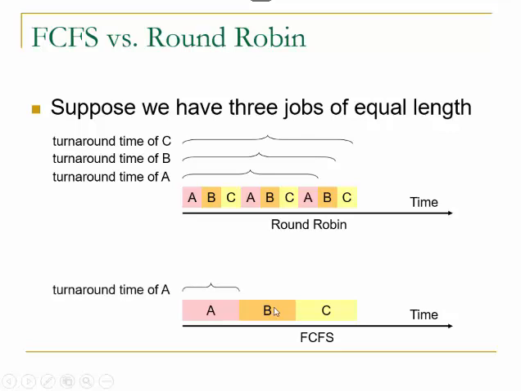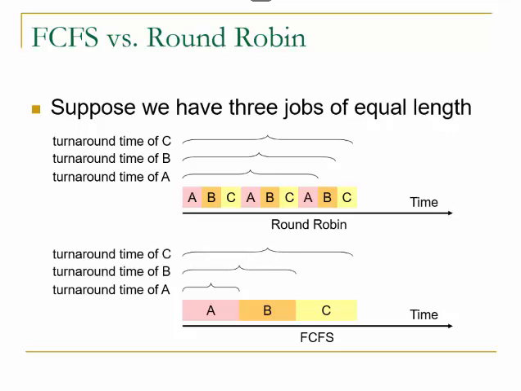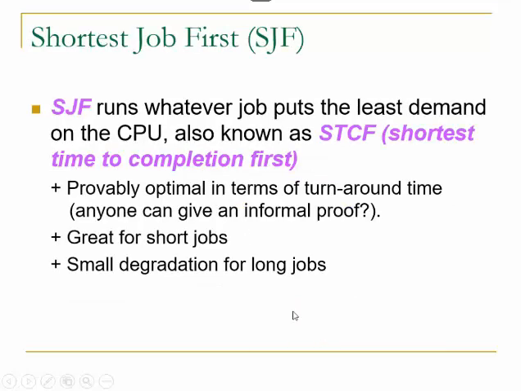In first come first serve scheduling, you can see the turnaround times of A, B and C. Turnaround time of C is the same in both round robin and first come first serve scheduling, but the turnaround times of B and A decrease. But the response time is larger in first come first serve scheduling.